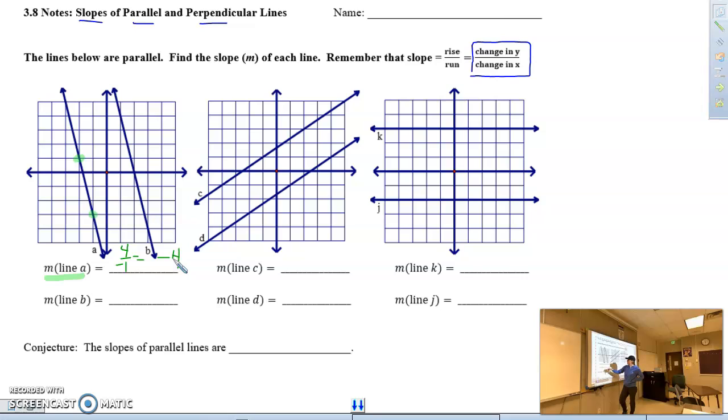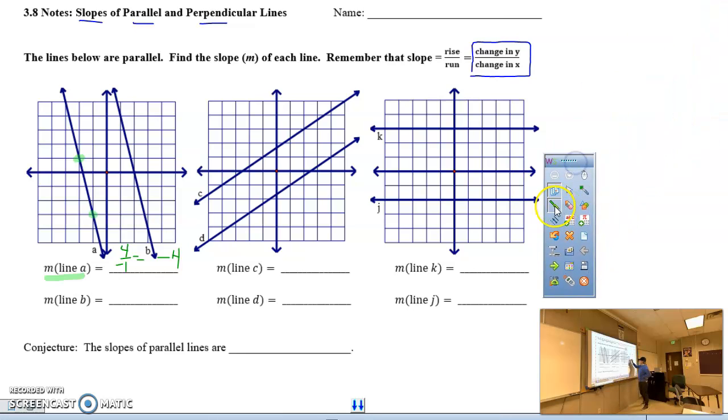Okay, B, we're going to do the same thing. Let me use pink this time. A couple of easy points on line B: this one looks pretty easy there, and this one here looks good. Again, from the lower point, I'm going to do rise over run.